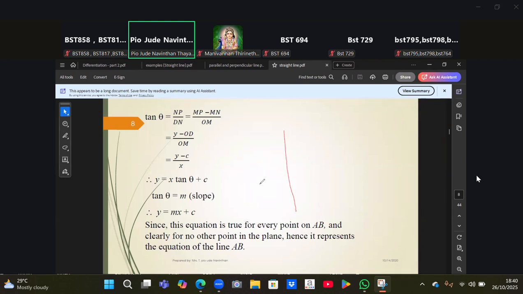Then we are saying this is a straight line. Normally, we will draw a straight line like this, right? This is the y coordinate, and this one is the x-axis, right? So if you draw a straight line, generally we will draw this one. So this is equal to our C, right?